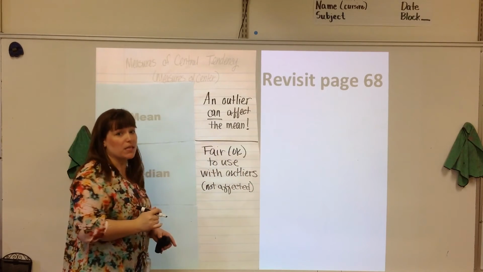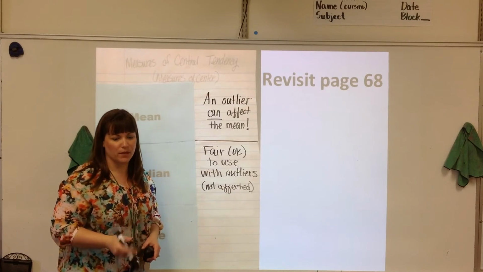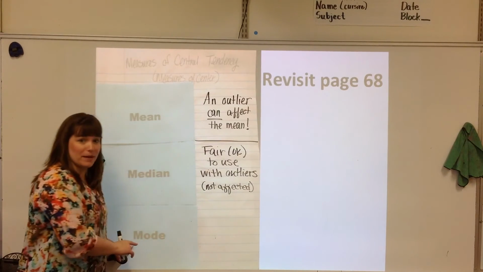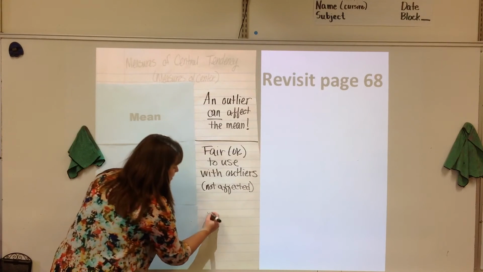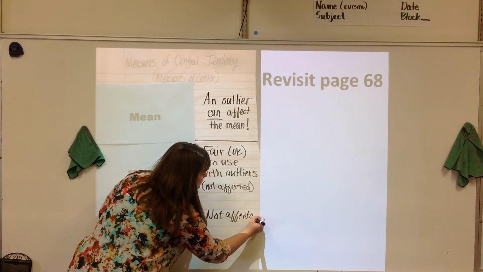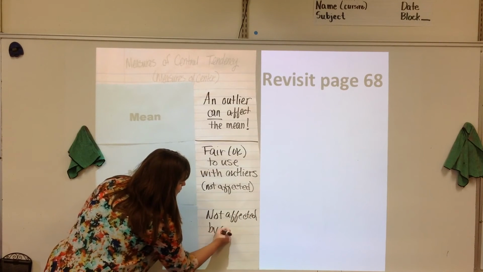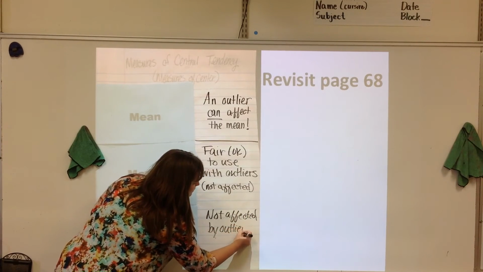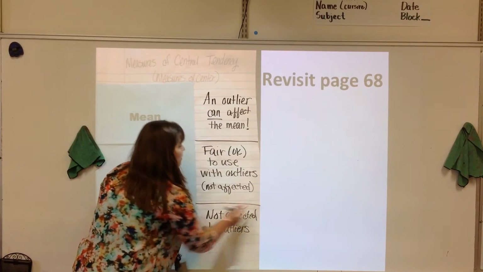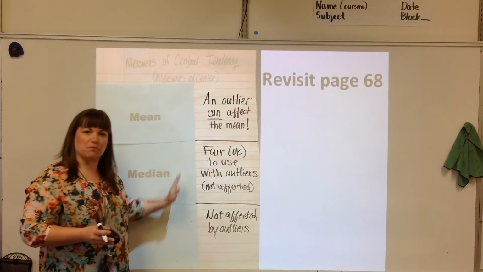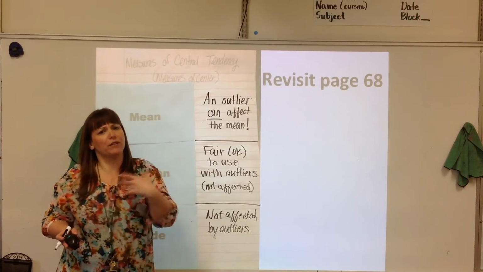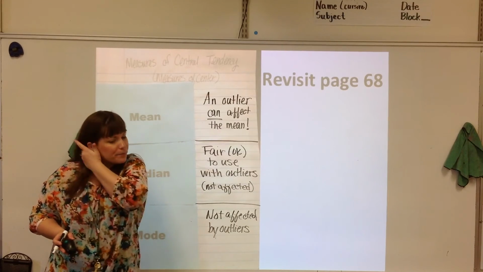It does affect the mean, does not really affect the median. It also does not affect the mode. So by mode, I want you to write on the side, not affected by outliers. So far, outliers affect the mean, not so much median and mode. Usually the mode is going to be the one that's occurring the most, and it won't be that outlier.